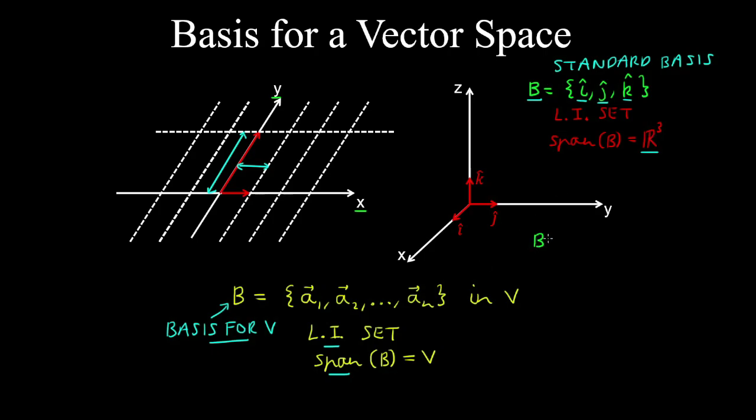Now suppose we have the set of vectors being 1, x, x squared, up to x to the power of n, in the vector space of polynomials with a degree less than or equal to n.